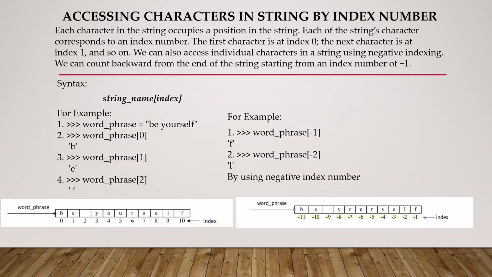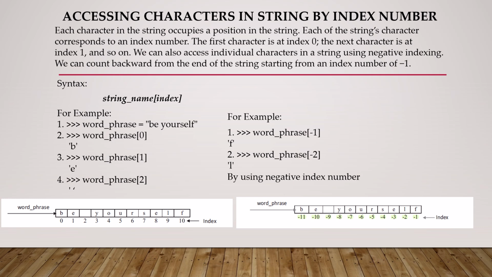Once the string is created, we need to access the characters in the string, and that is possible by using the index number. Each character of a string occupies a position in the string, which corresponds to an index number. The first character starts at index 0, the next character is at index 1, and so on.